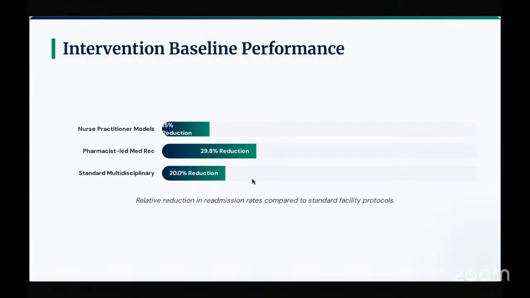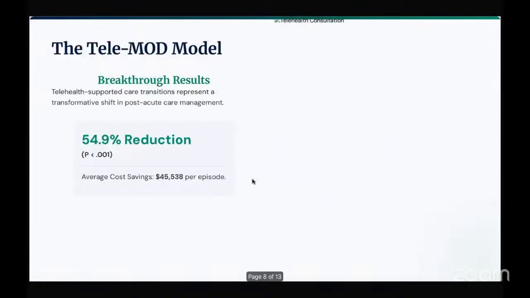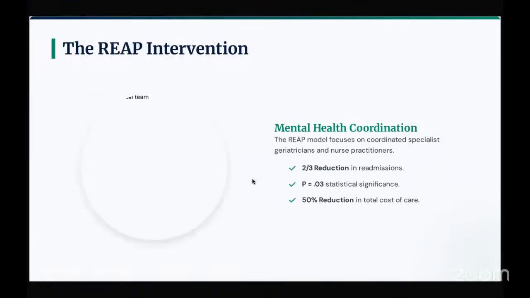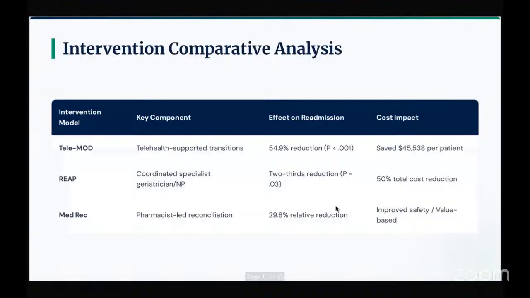It yielded a 54.9% reduction in 30-day readmission, which was the transitional care model enhanced by telehealth. We found which intervention contributed most, and this is a quick analysis if anyone would like to take the time to read it.